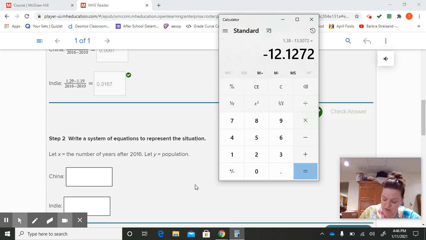So 1.29 equals 0.0167 times 2016. So 1.29 minus 33.6672, negative.